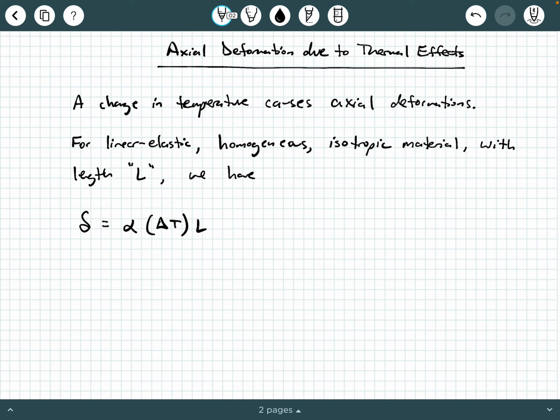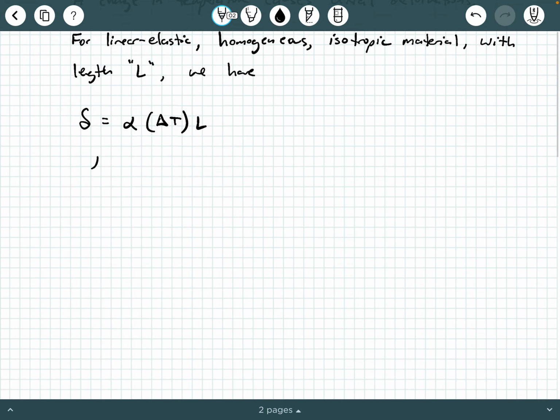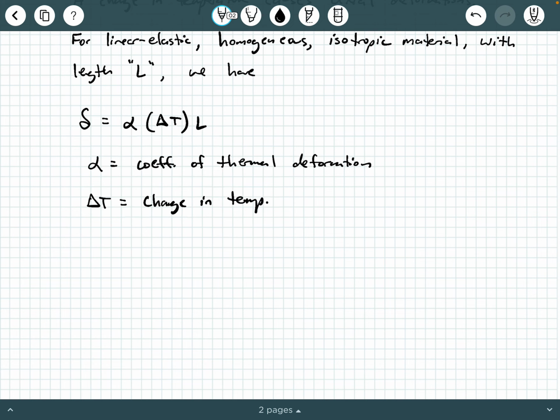So what are these terms? Alpha is what we call the coefficient of thermal deformation. Sometimes it's called the coefficient of thermal expansion. Delta T is the change in temperature, and L is the member length.